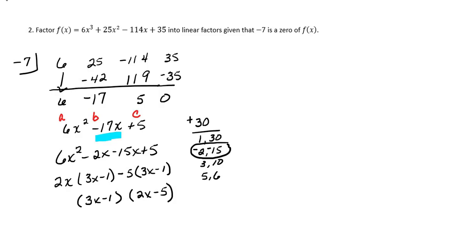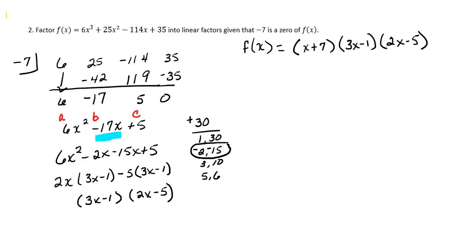Now going back up to my original problem, I'm told that -7 is a 0. That means x plus 7 is a factor.